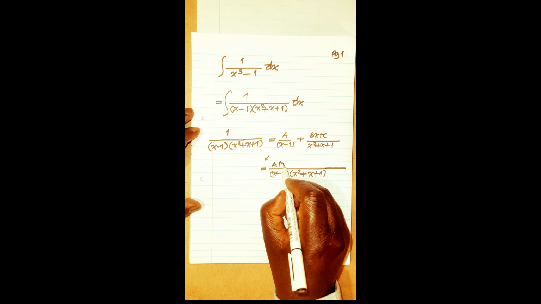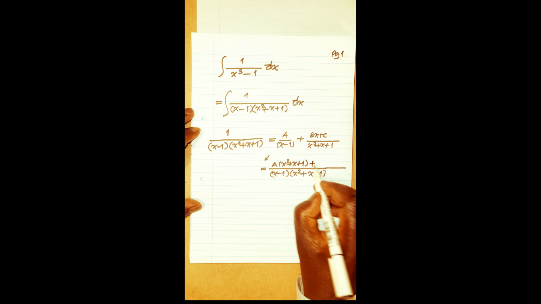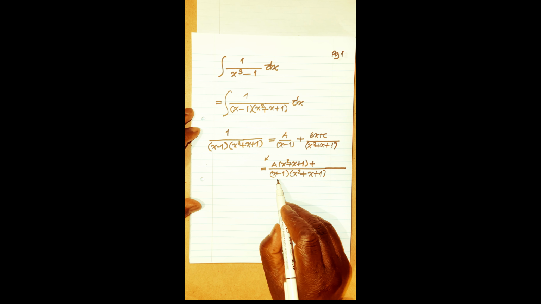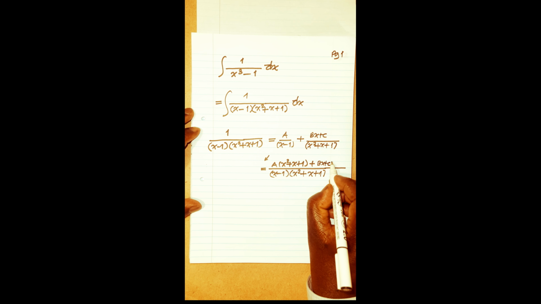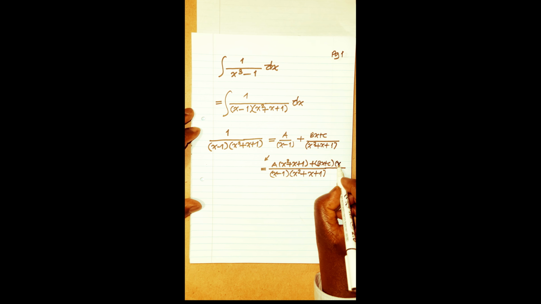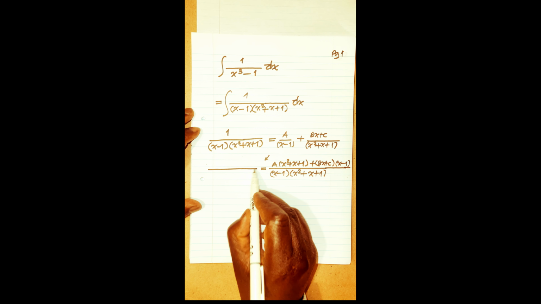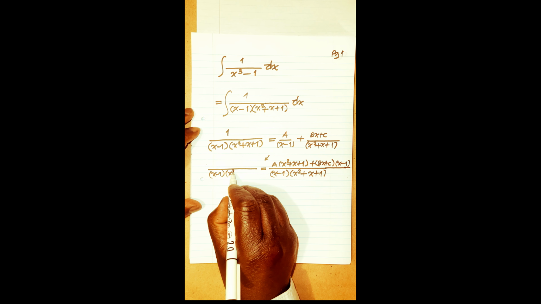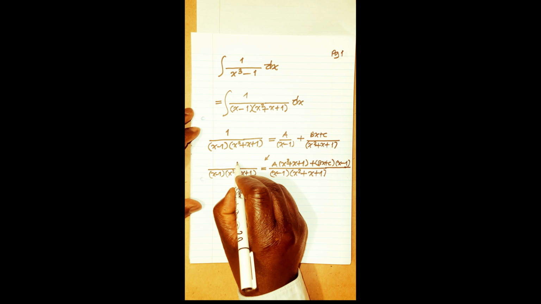So a times x squared plus x plus 1. And then plus, when you take this, divide into the denominator, the answer will be x minus 1. Multiply by the numerator. So we are saying bx plus c, multiply that by x minus 1. Now on the left hand side, remember, we have x minus 1 and then x squared plus x plus 1. In the numerator, we have 1.